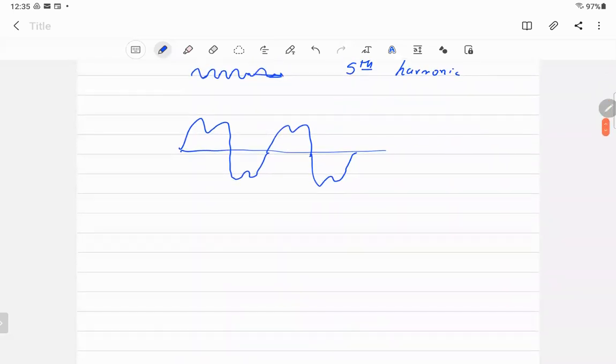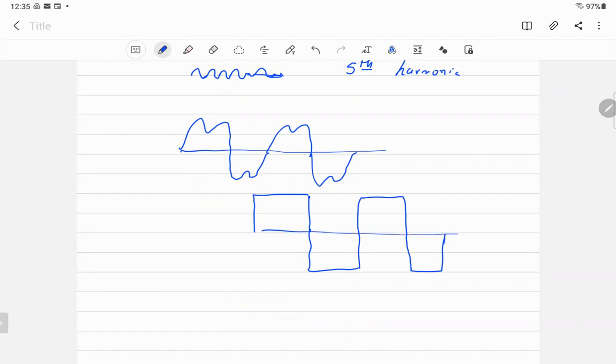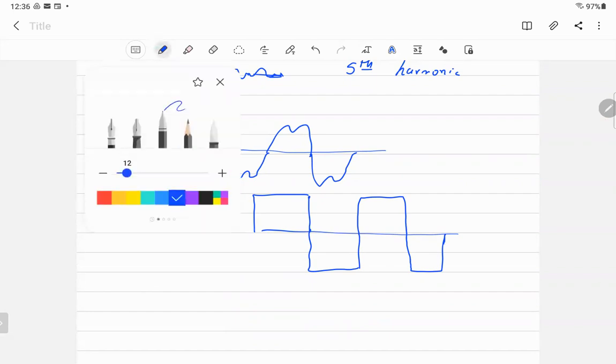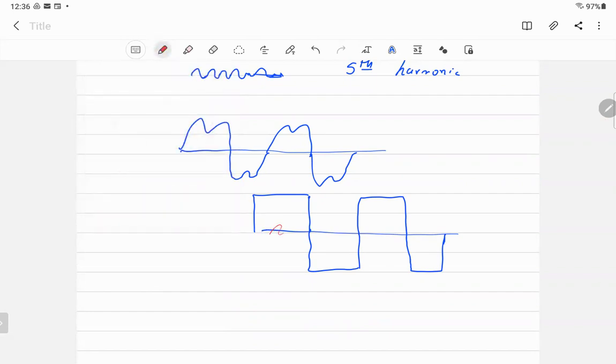Even the square wave is a periodic function. You can make it consist of sinusoidals, but it should be symmetric. You can decompose it into sinusoidal. For example, I can tell you that the fundamental component of this square wave, the frequency will be the same as the frequency of the square wave. It will be like that, the fundamental component, something like that.